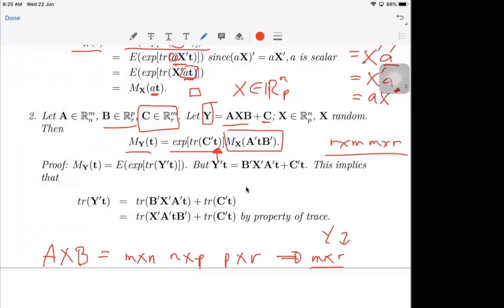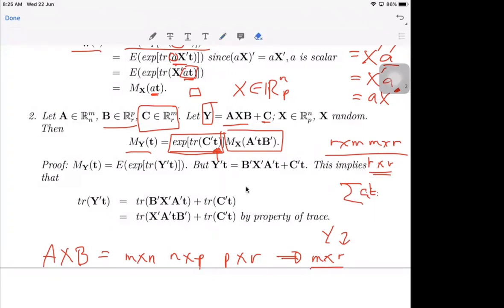Then C prime t is an r by r matrix, and you get the trace, which is just the sum of the diagonal entries of C prime t. That is just a constant, and the exponential of a constant is still a constant. So we don't have problems with the conformity of the matrices here.